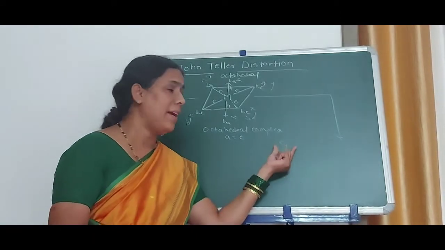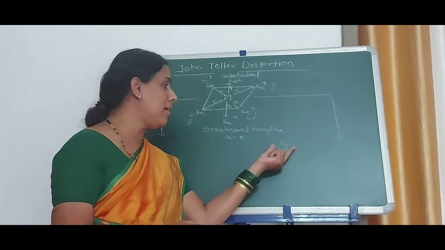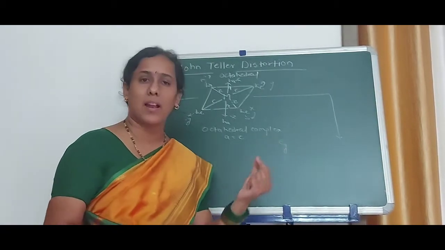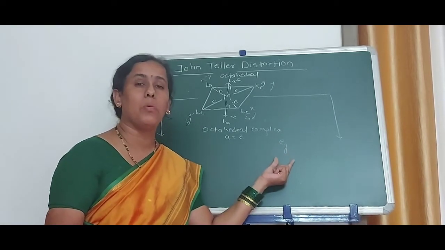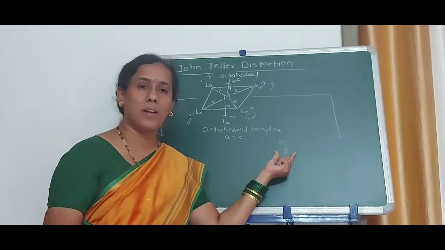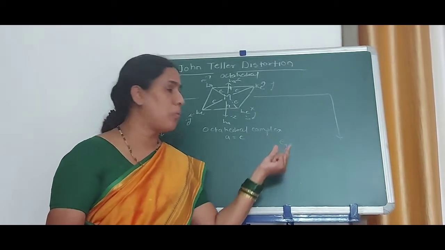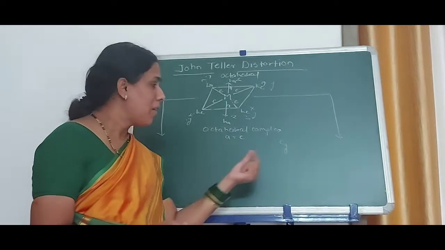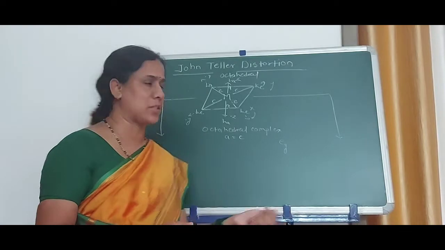Why is it not possible in T2g? Because T2g orbitals lie between the axes, whereas Eg orbitals lie along the axes. Therefore, they can repel the ligands, whether strong or weak. So with electrons in the Eg orbitals, effective distortion takes place.